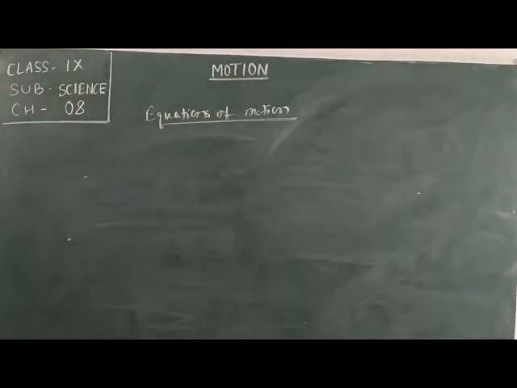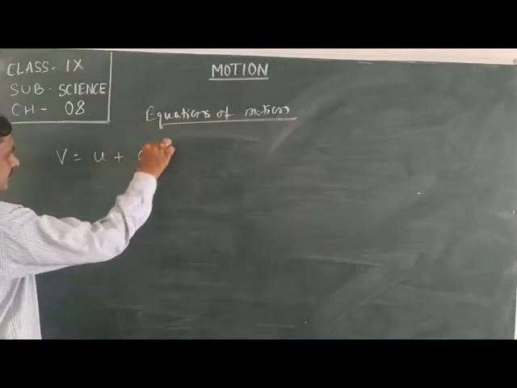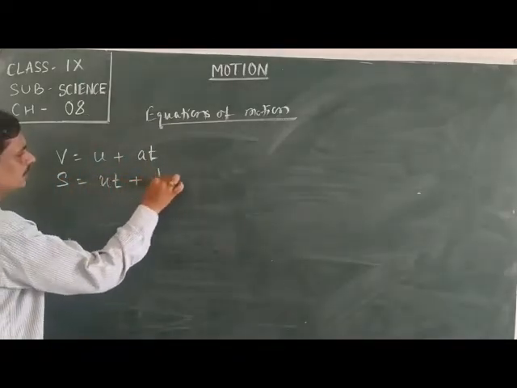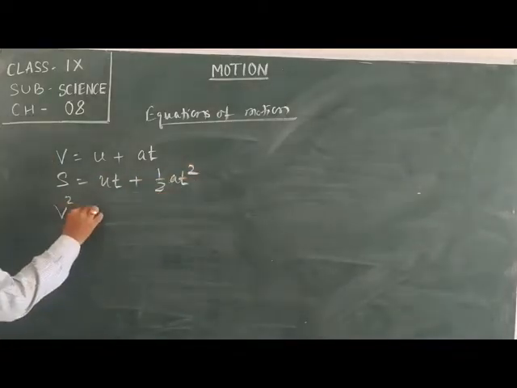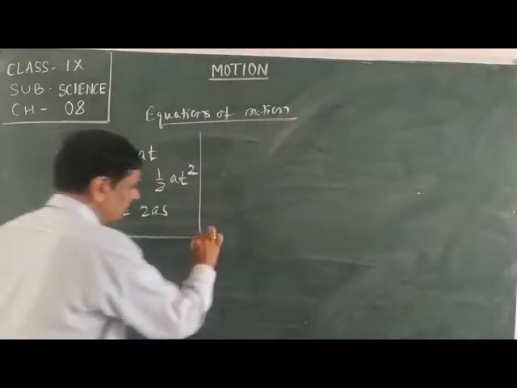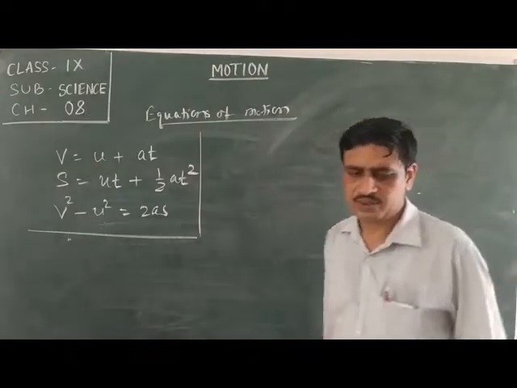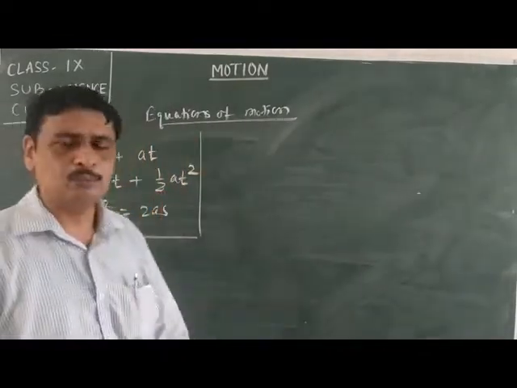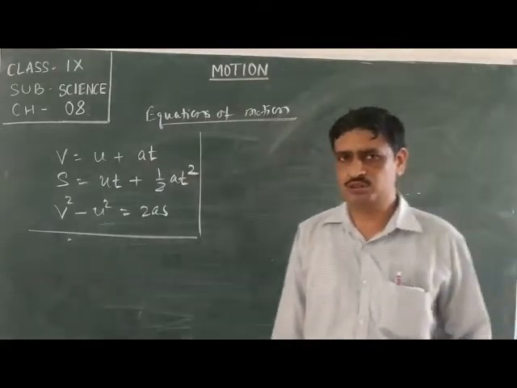Three equations are there. v is equal to u plus at, s is equal to ut plus half at square, and v square minus u square is 2as. These are the equations of motion. How to derive these equations of motion?